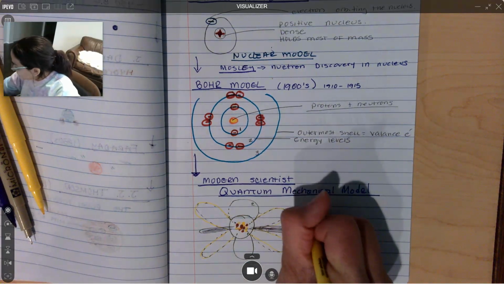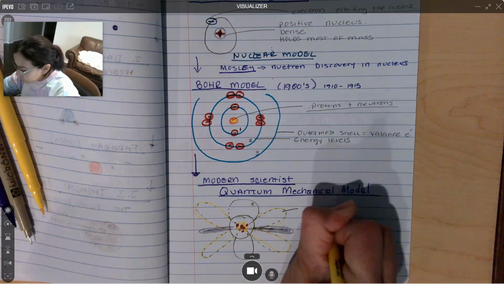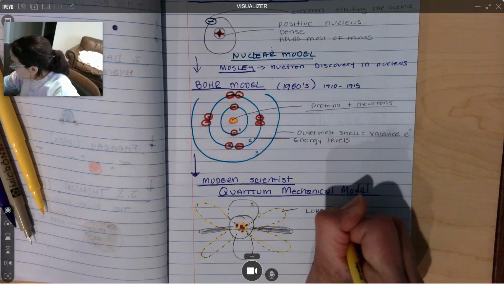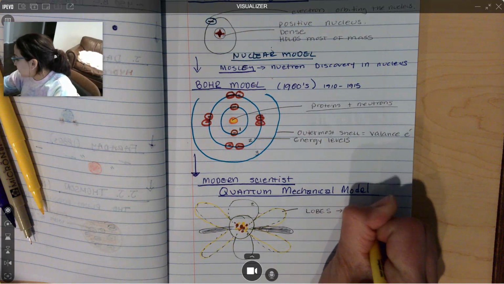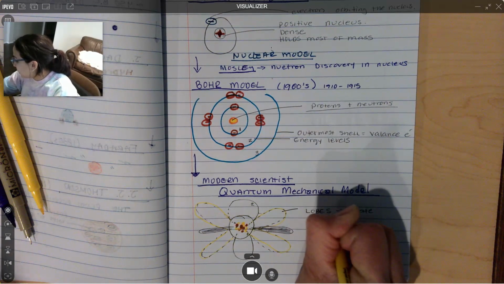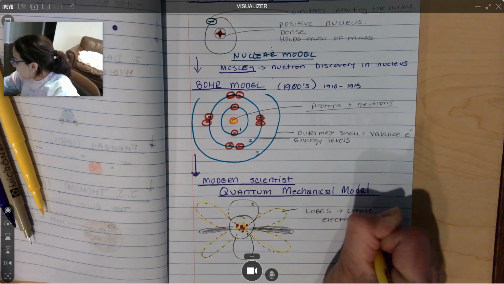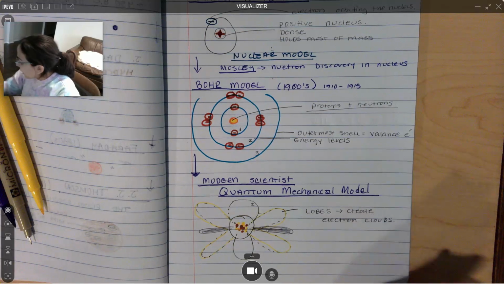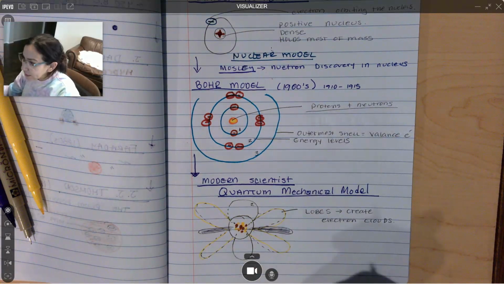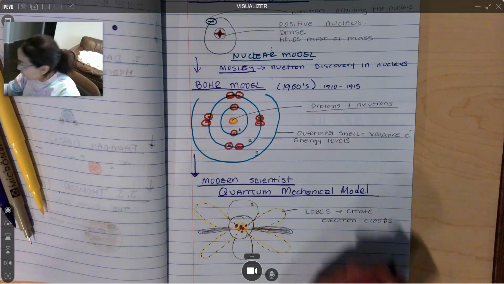So these are called lobes, and they create electron clouds. And the electrons are free roaming inside their assigned lobe.